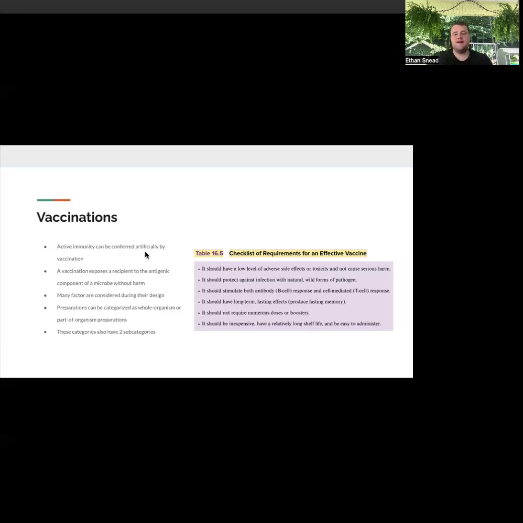Over here to the right is Table 16.5 from our textbook, which is the checklist of requirements for effective vaccines. You can pause now and take a look at it, as we are not going to cover this in today's lecture. That is all for today's lecture.